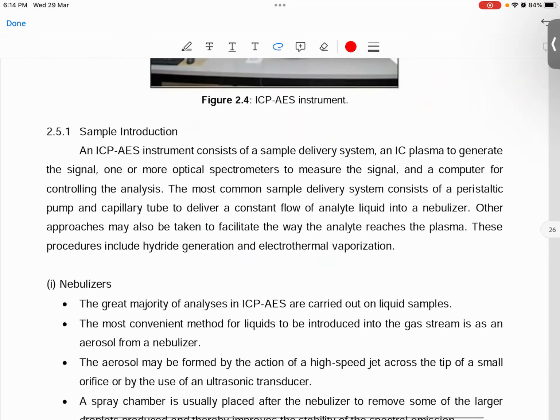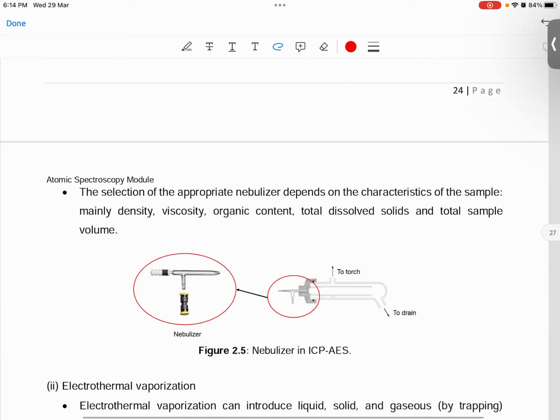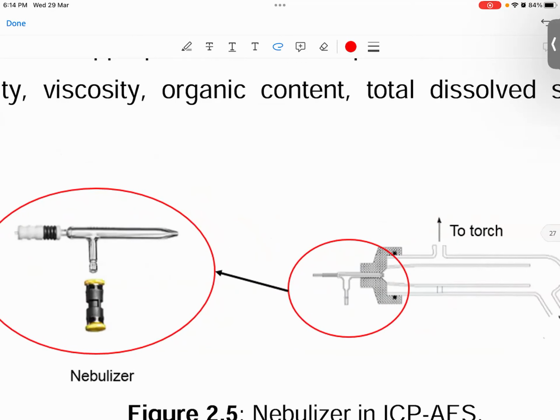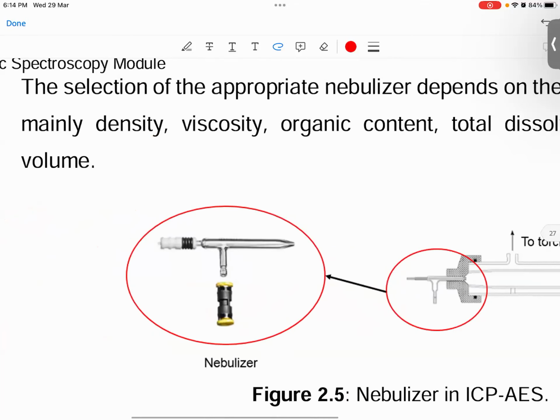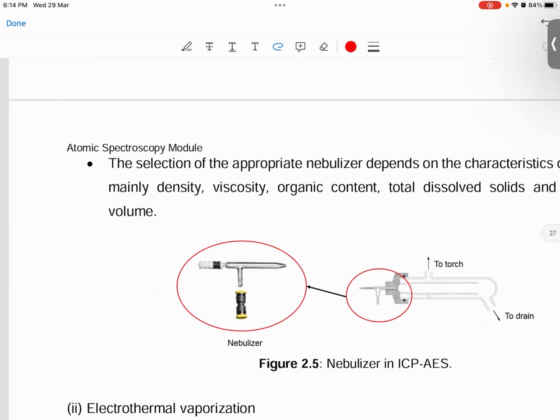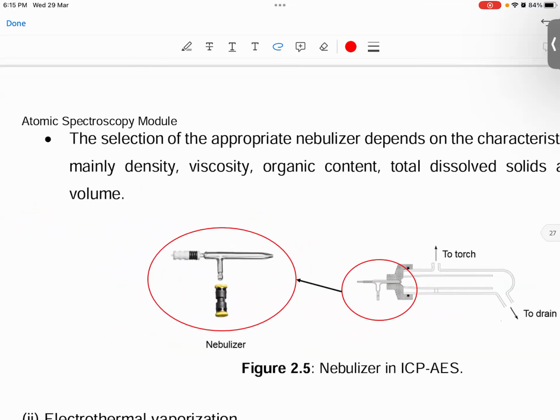All right, let us look at the picture here. You can see we need to have a nebulizer. The nebulizer converts the samples into aerosols, small droplets. That is not really a big issue.